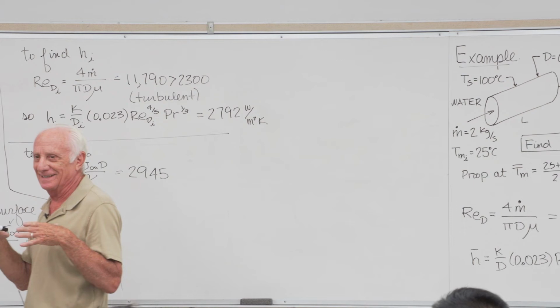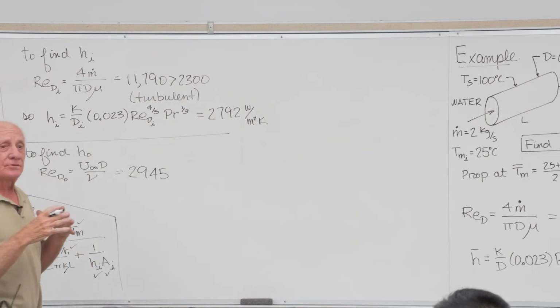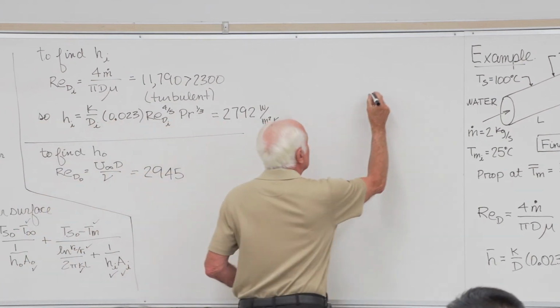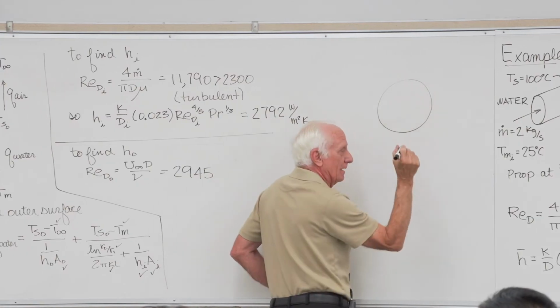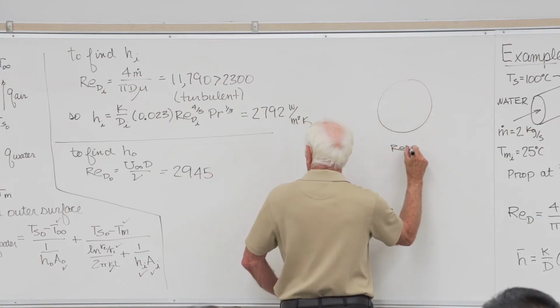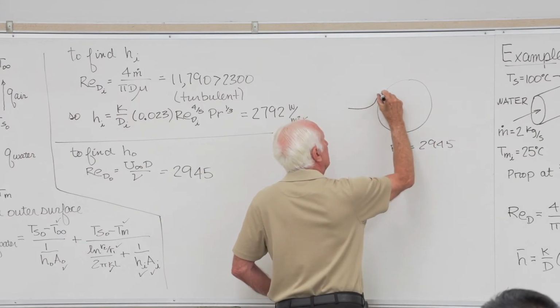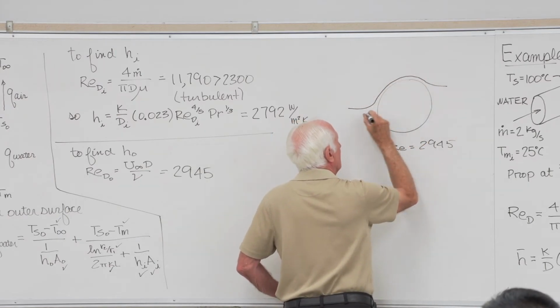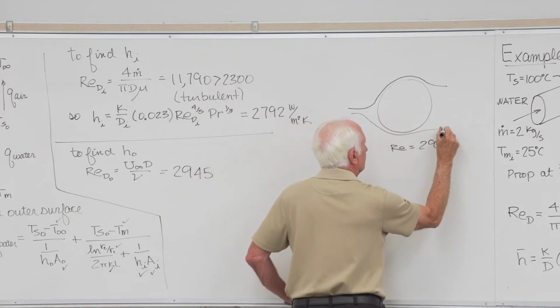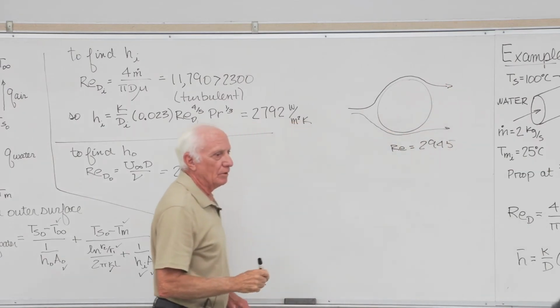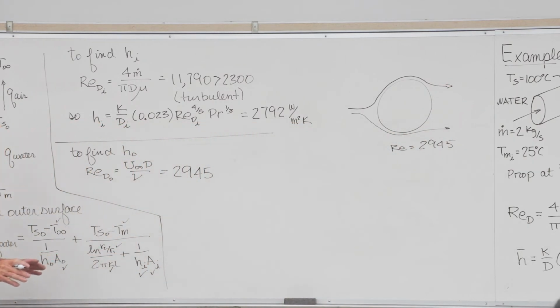Don't say anything. Unless you want to, you can go back to fluid mechanics and say, I'm going to make this up now. At a Reynolds number of 2945, this is how the flow looks. It's laminar all the way around. It breaks off there at the separation point. That's okay for heat transfer. I don't care. Give me the Reynolds number.